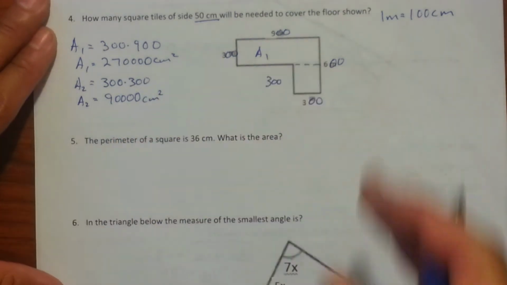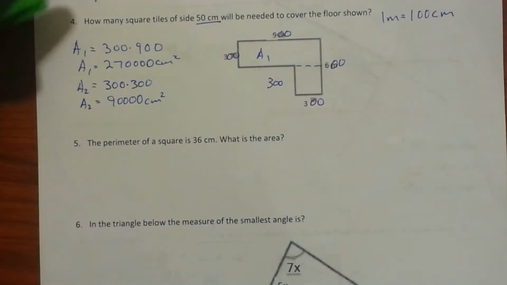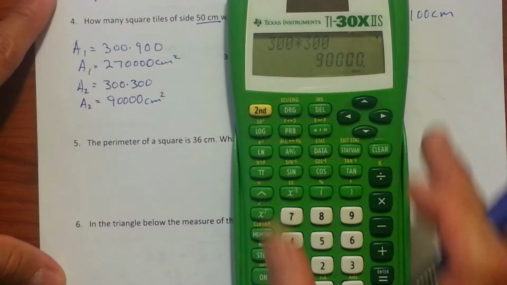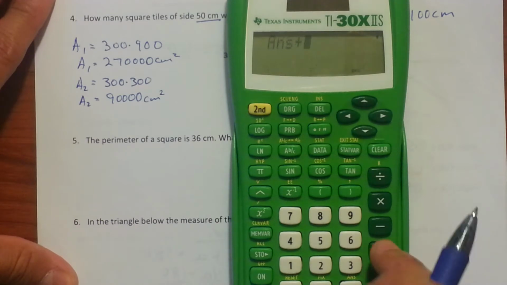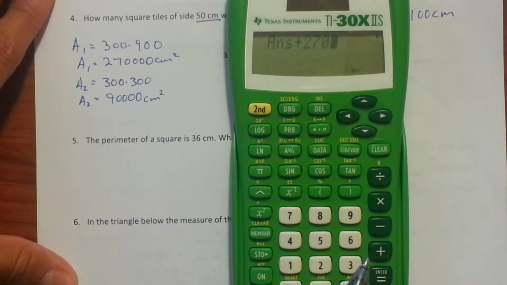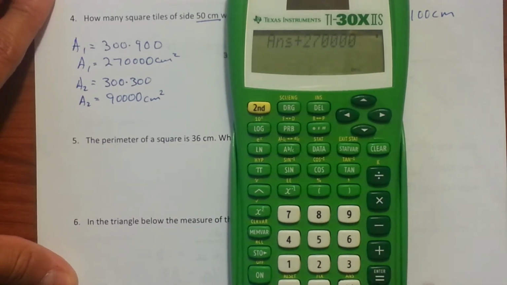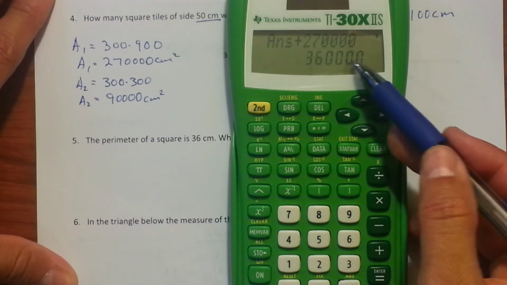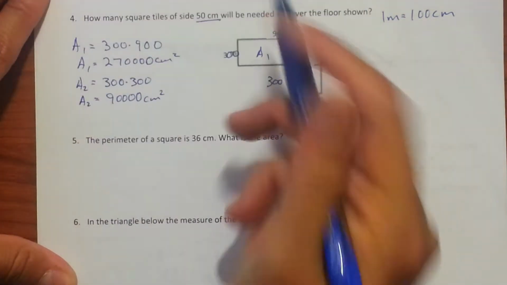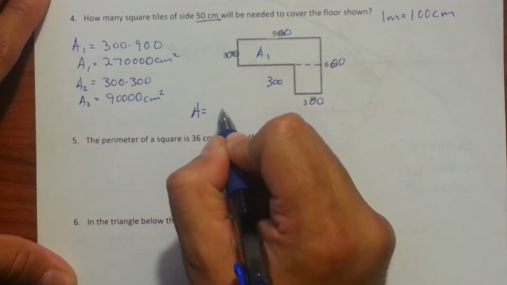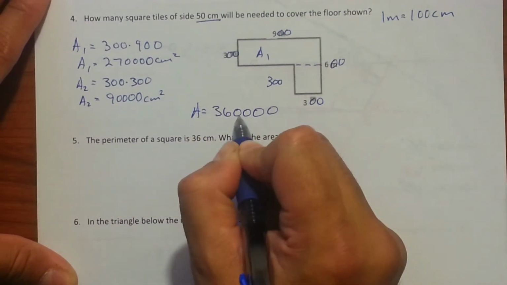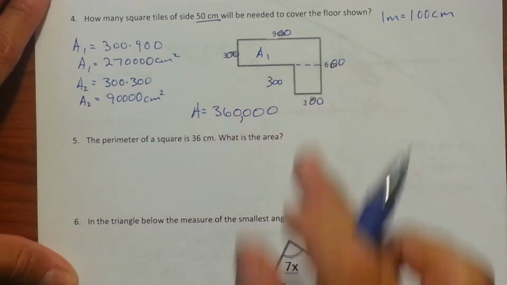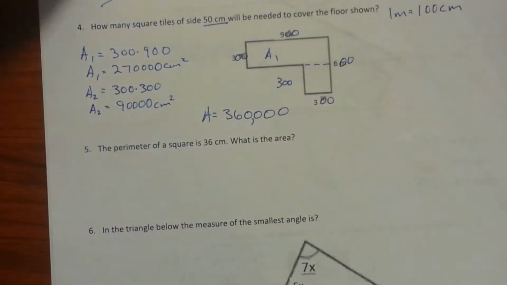Now to figure out the whole area, I would add those two: 90,000 plus 270,000. And I should get 360,000, a 36 with 4 zeros behind it. I'm going to put some commas to hold the place here. So that's my total area.